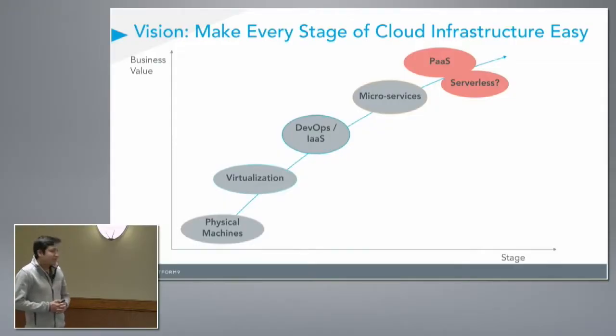We're going to move on to the last stage in the cloud infrastructure journey we laid out at the beginning of this presentation. And that is the so-called serverless computing paradigm. Now, the genesis of our contribution to the serverless space, which is our open source Fission project, is actually an interesting story.